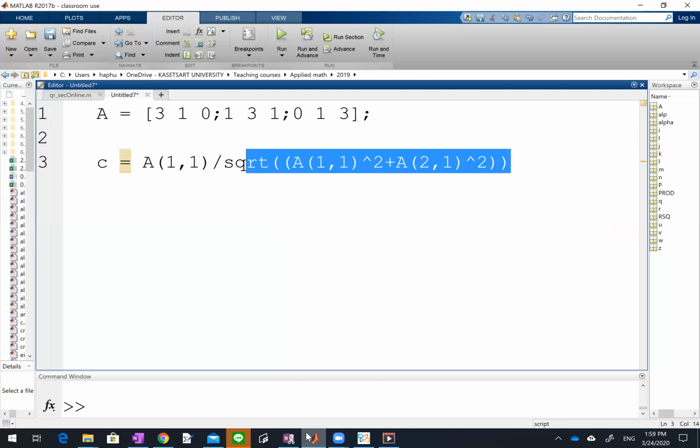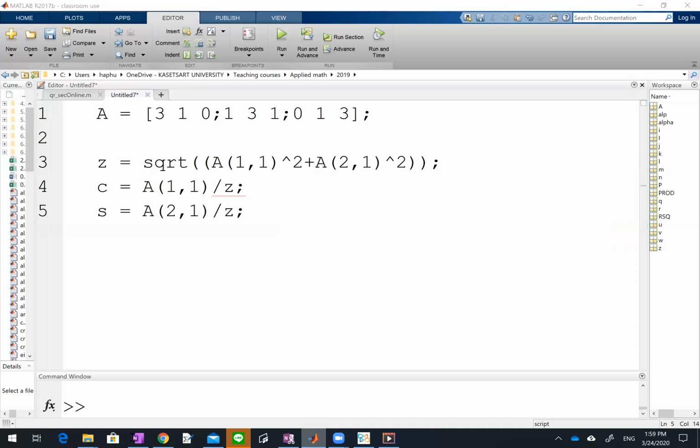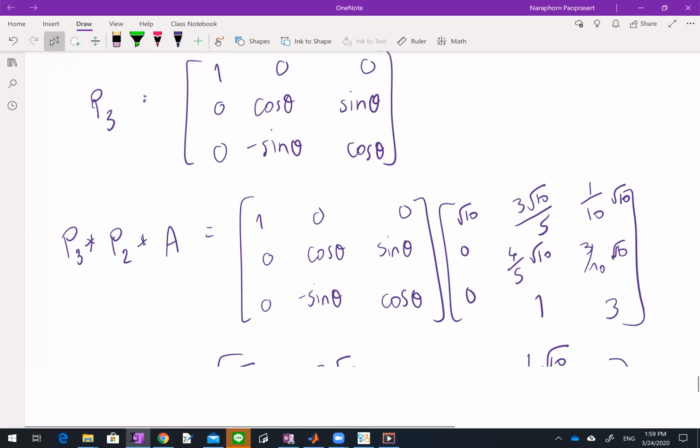I'm just going to calculate it outside of this calculation. So let's assume that my z is just square root of a11 square plus a21 square. So my cosine is just a11 divided by z. Sine is a21 divided by z, right? Sine and cosine.